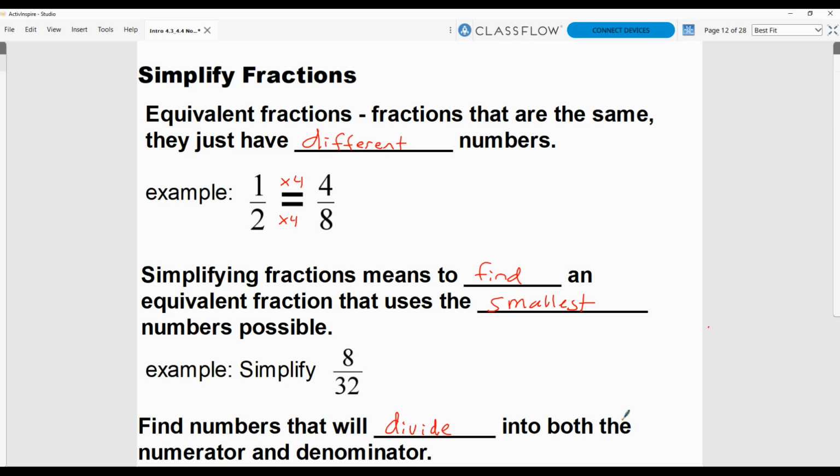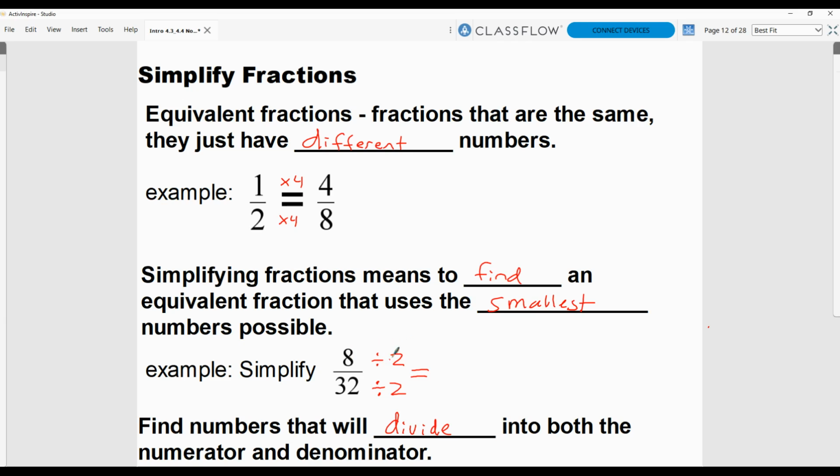Okay, and if I take a look at these, we can try any numbers we want. The first number that comes to mind, I know both of these numbers are even, so I know I can divide both of these numbers by 2. Okay, so we want to divide both our numerator and our denominator by the same number and see what we end up getting from that. All right, so just like up here, like we multiplied, now we're just basically going backwards.